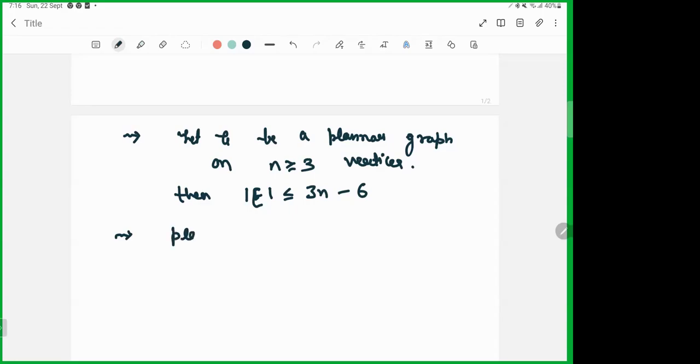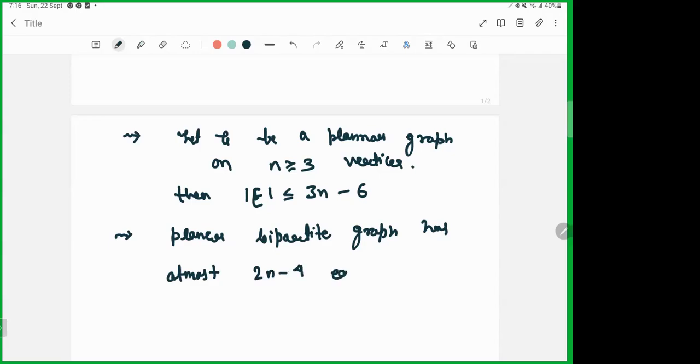For a planar bipartite graph, we also have a bound, I guess. A planar bipartite graph has at most 2n minus 4 edges on n vertices.